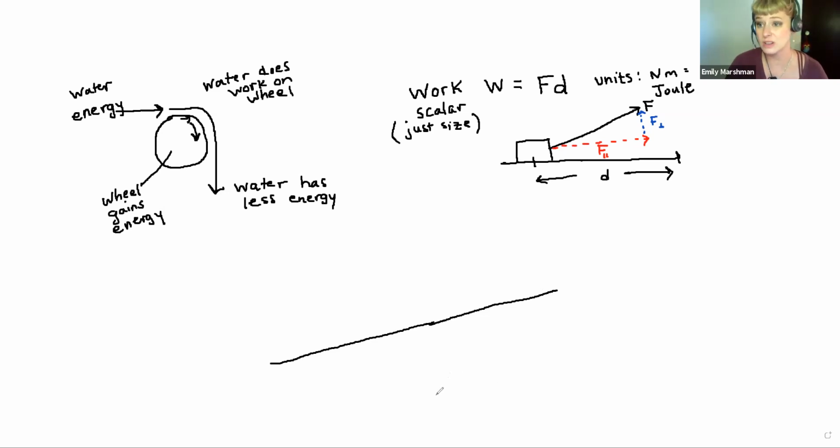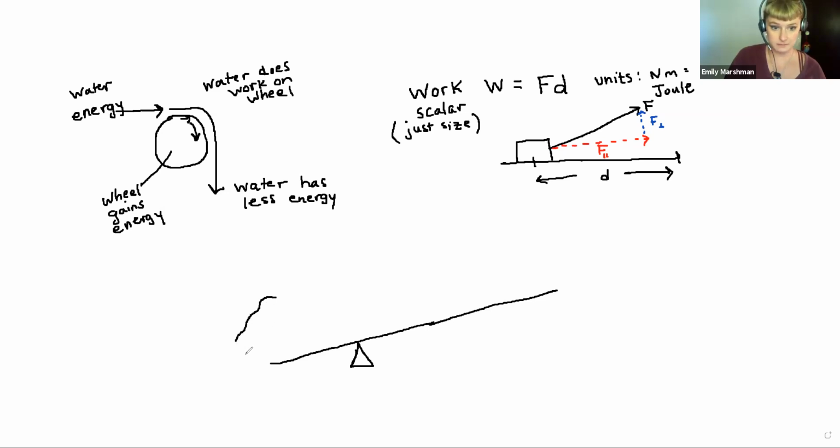A lever is one simple machine. And let's put the fulcrum right here. And I want to lift a big boulder with this lever.